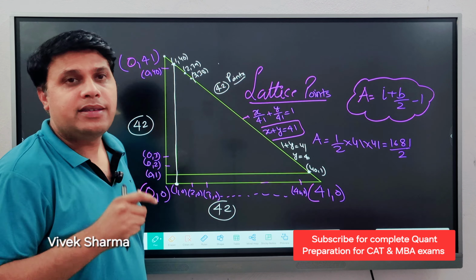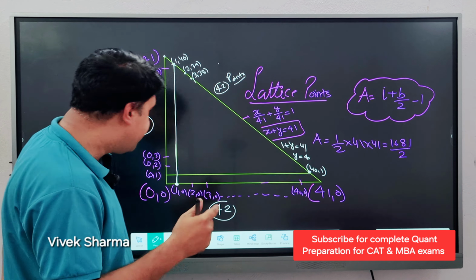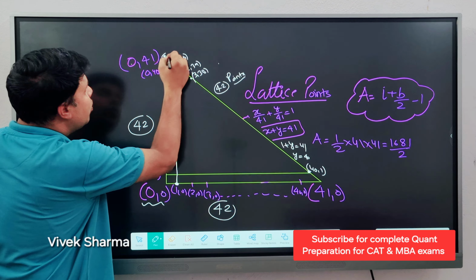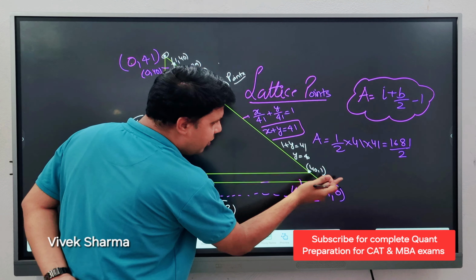But you will be saying, sir, we have counted some points twice. Which are the points? This is counted twice, this also, this also, this point is also counted twice, and this point is also counted twice.